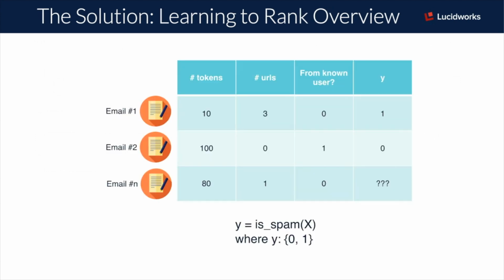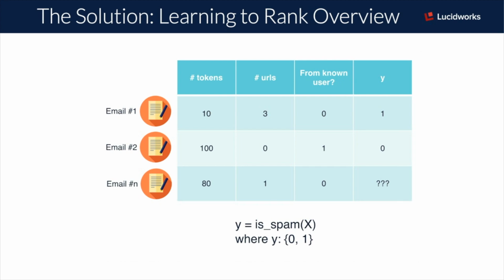In order to understand learning to rank, let's draw an analogy from the problem of spam classification, which everyone is familiar with. The goal of spam classification is to accurately predict whether or not an email is spam on the basis of different characteristics or features of the email.